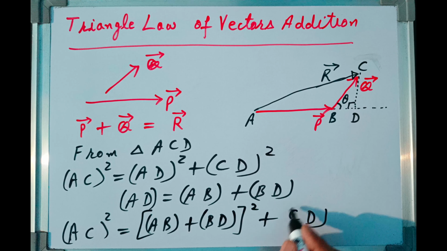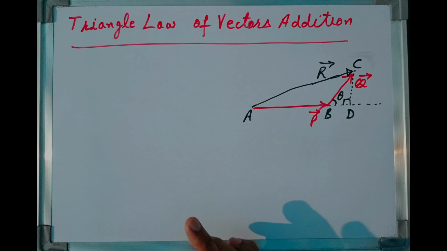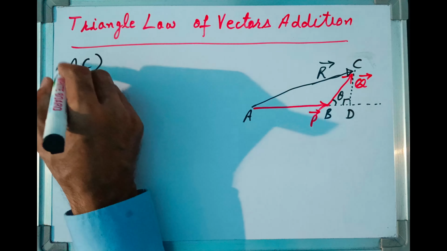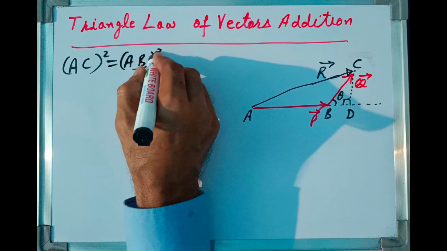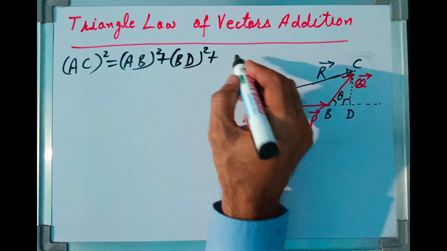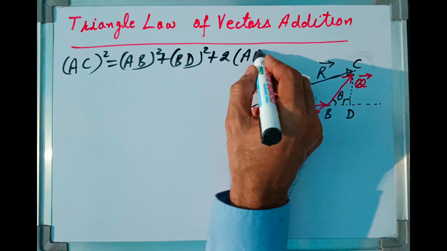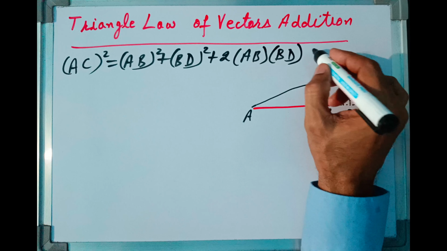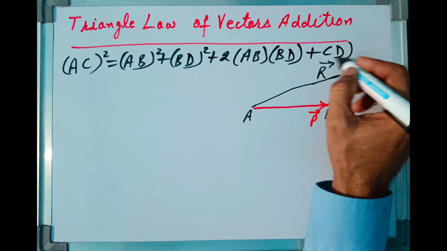Now we shall apply formula to expand this square, A plus B whole square, that is A square plus B square plus 2AB. So the previous equation can be written as AC square is equal to AB square plus BD square plus 2 times AB multiplied with BD, plus we have CD square.